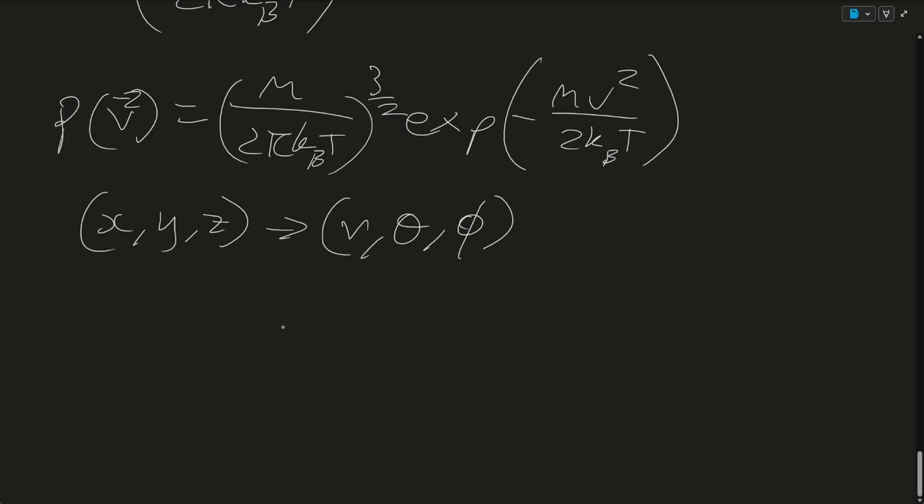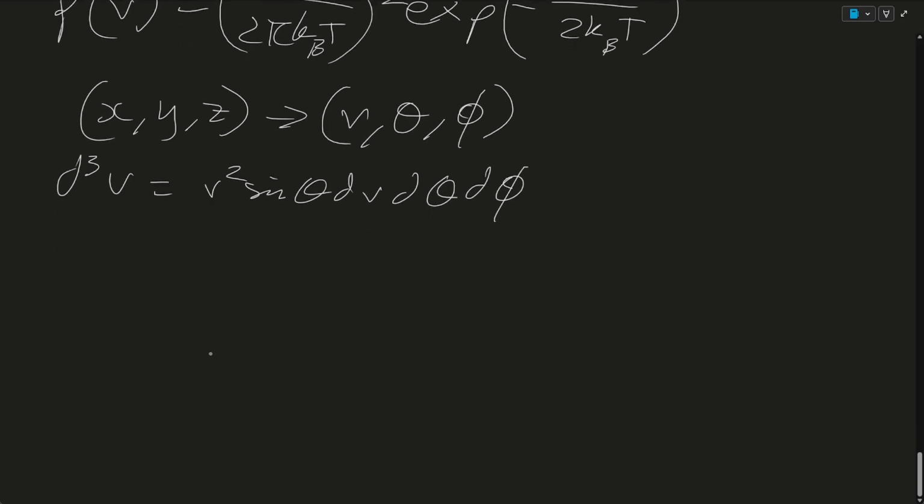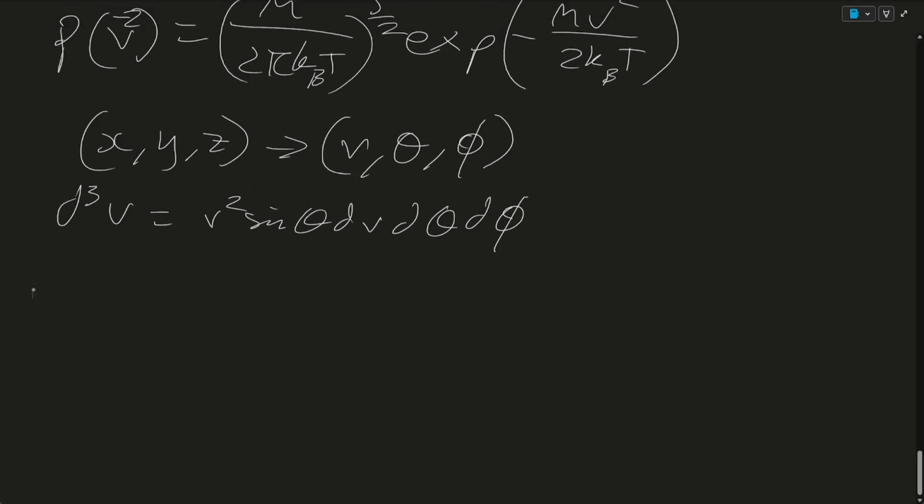Greeks really love putting lines through the middle of their letters. They do it quite often. Silly observation of the day. Anyway, and here d cubed v becomes v squared sine theta dv d theta d phi. I can't remember where it comes from, but you can find it in a Calc 3 textbook somewhere.